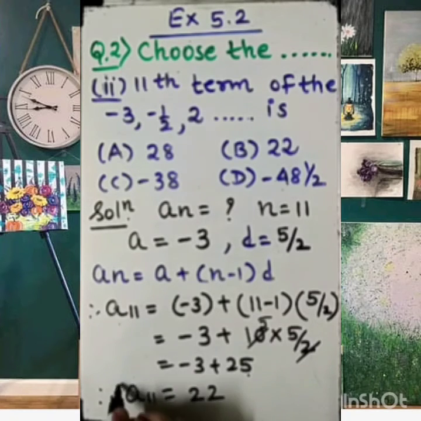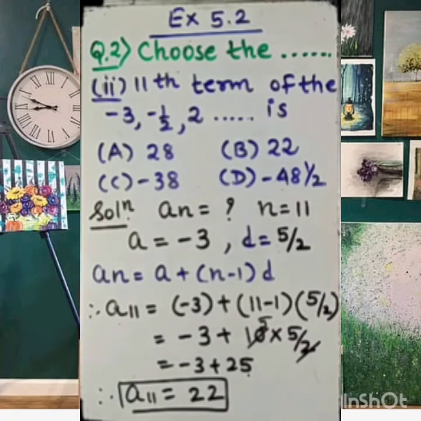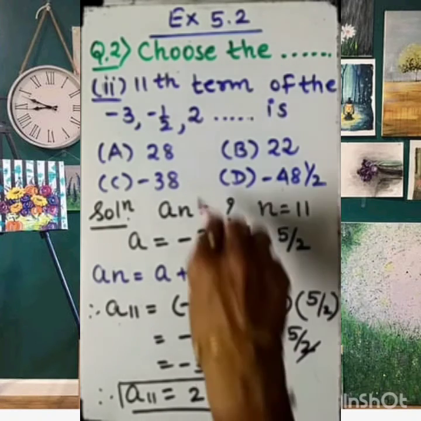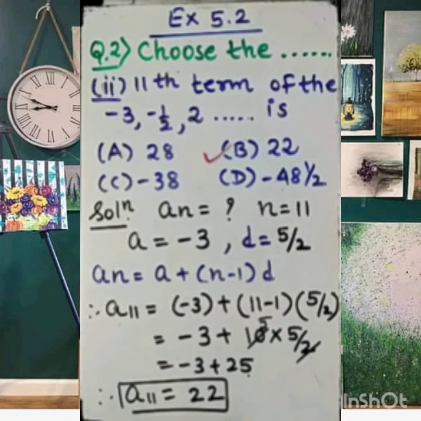That's why the value a11 equal to 22, and according to this, option B is the correct option. So the answer is option B, that is 22. So we need to write here option B is correct. Option B which we are given, that is the correct option.